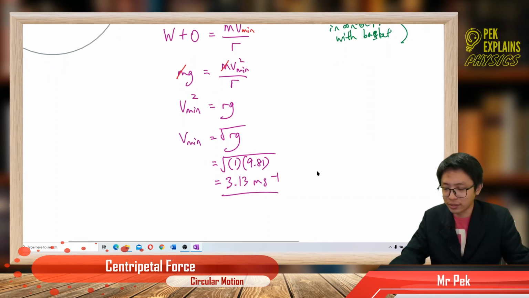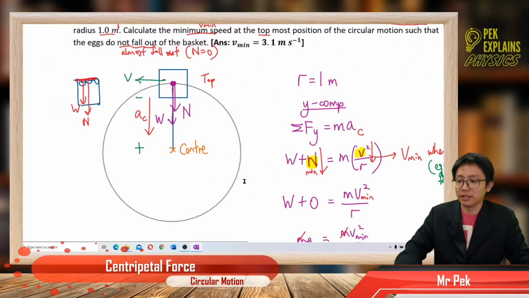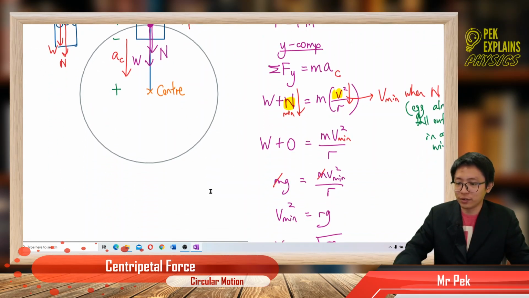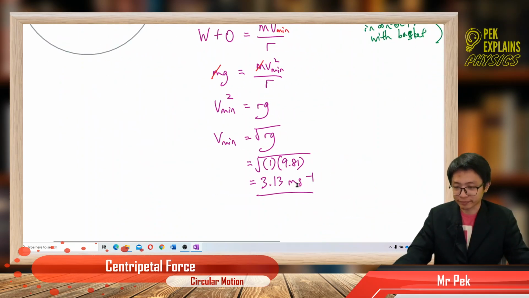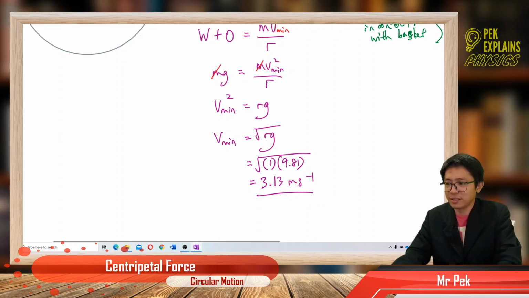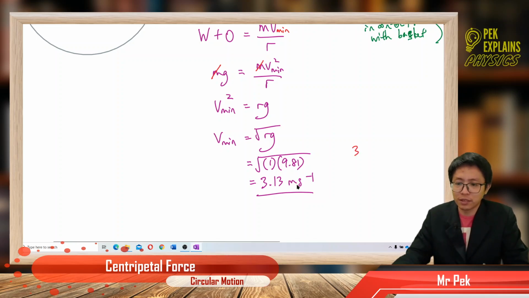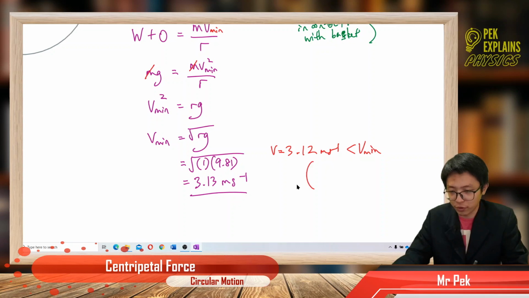This is the minimum speed you need to turn the basket in order for the egg not to fall out. If your speed is 3.12 meters per second, lower than the minimum, then the egg will fall out for sure.